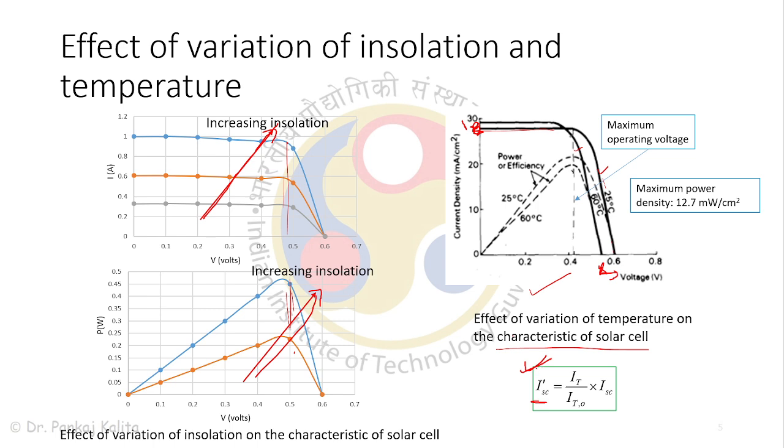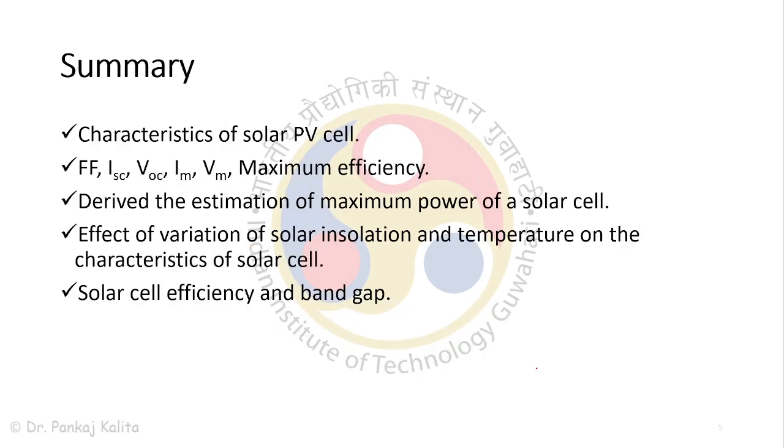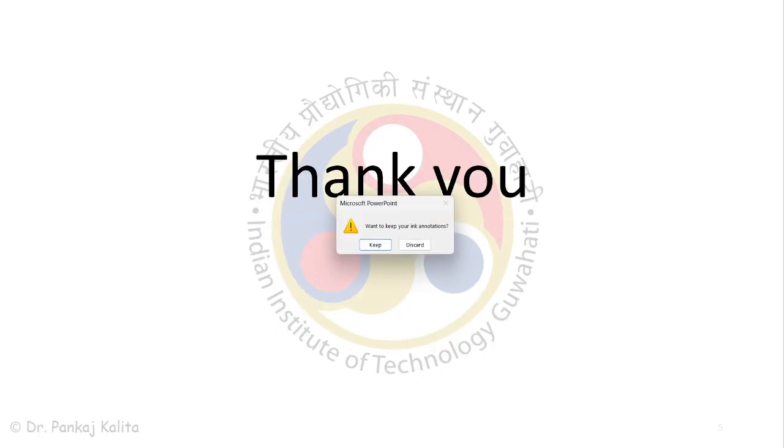So you need to understand how the temperature affects your current density, your voltage, your power, your efficiency, and your fill factor. These dependencies you should understand and be aware of. Okay, so these are all the data values. I will skip this slide.